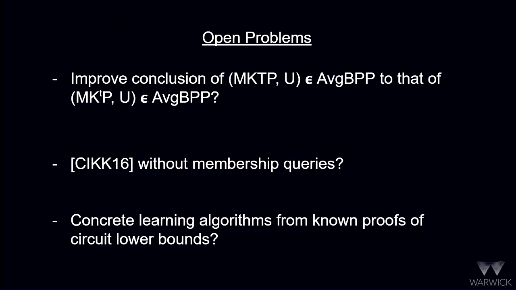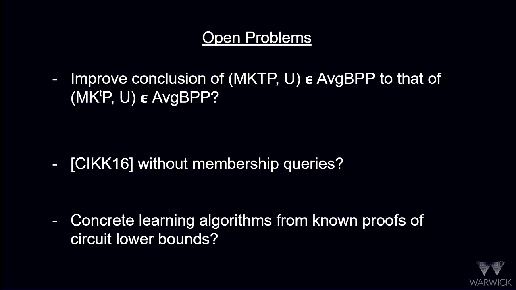Two final open problems. Ultimately, ideally, we would like to get back to traditional natural properties with circuit size. So something like CIKK, but without the need for membership queries. For some of the reasons I indicated, this seems like it could be tricky.